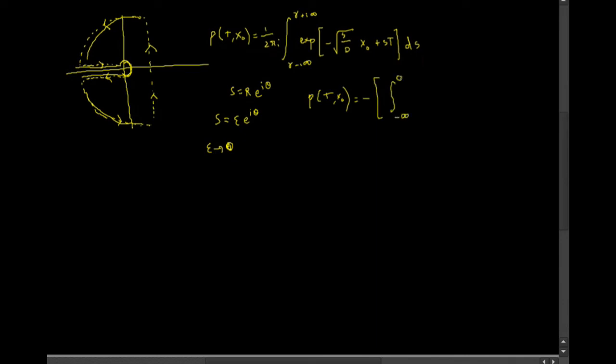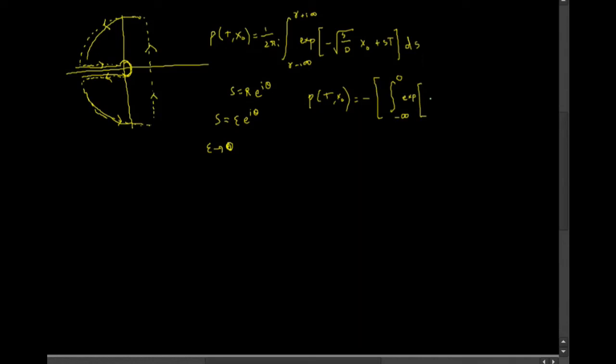And what's that going to be? It's going to be the exponential of, so we have our square root function, but now we're above the real axis. And so that means that the square root of s, when it's some negative number above the real axis, is going to just be i root s.